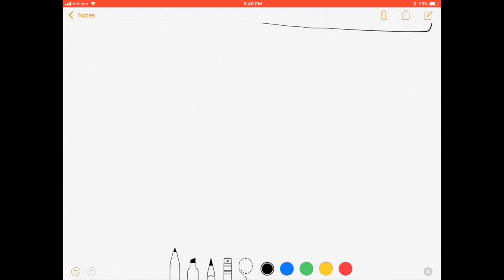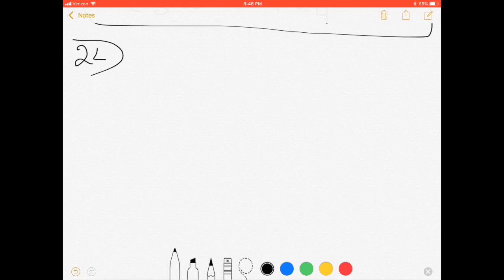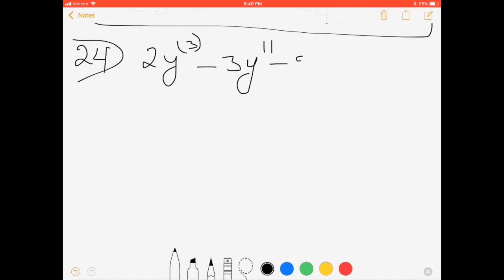Let's try solving an initial value problem. Here we have number, I think it's number 24. It looks interesting. Here we have twice y third order minus 3y second derivative minus 2y first equals 0.